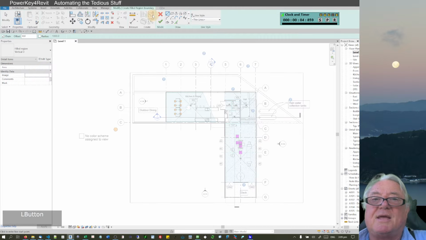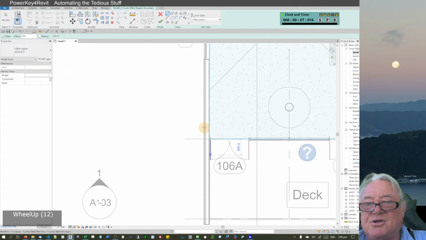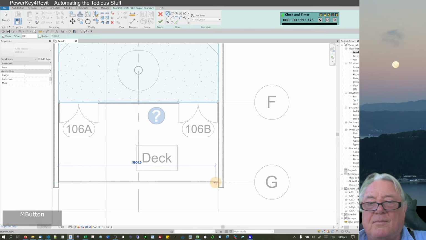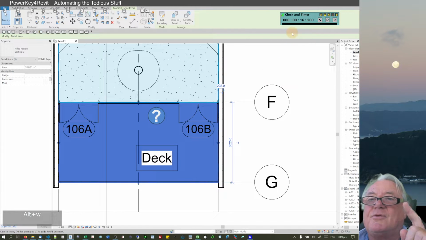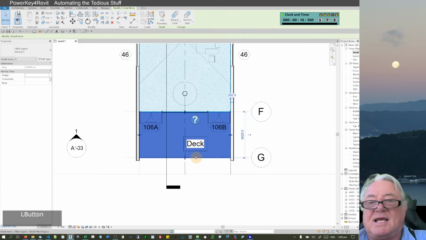This brings me into this one here. I zoom in. I can go 1, 2, 3, 4, close, OK, Alt W. So that's taken me about 16.5 seconds to do. Let's delete that out of there.